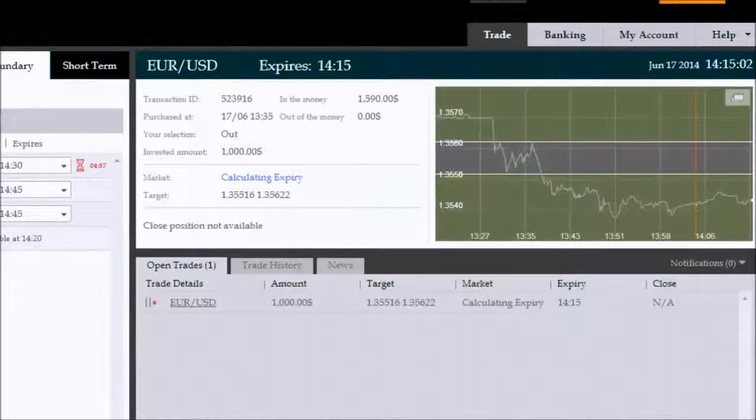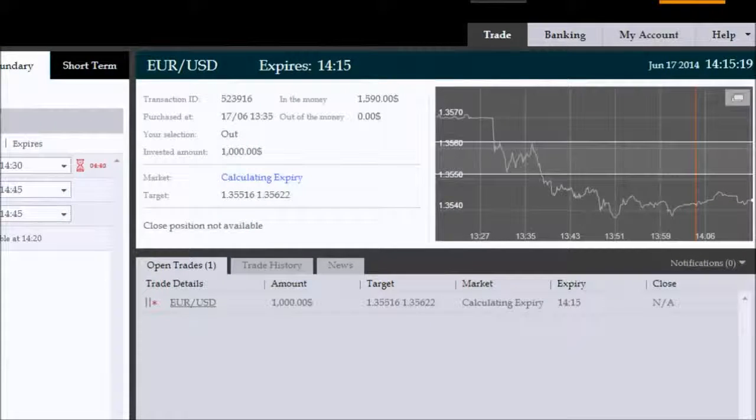So we've now expired in the money on this second outside boundary trade, which has offset most of the loss from the first trade. And we're just going to wait for this to expire and see if we have any more opportunities we can take once these funds have been released.